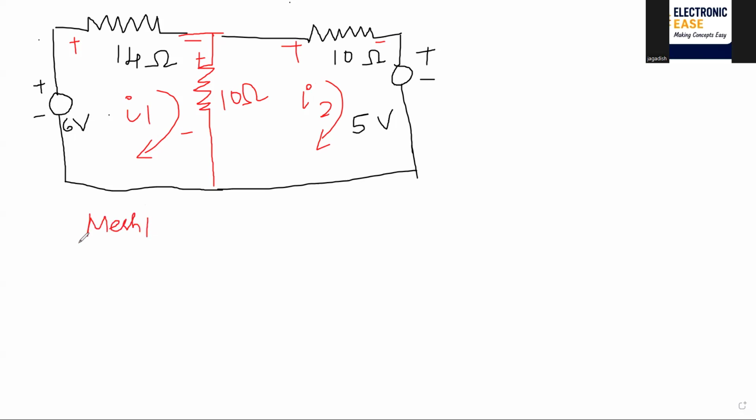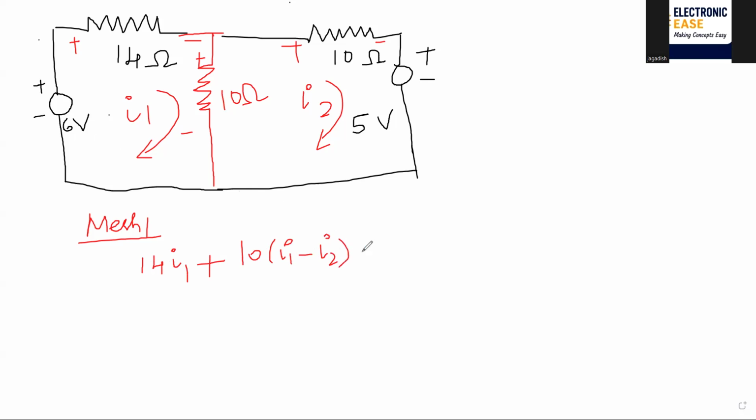Whenever we are applying KVL for mesh 1, I will be getting 14 I1, it is plus because plus is there, plus 10 into I1 minus I2, minus 6, because here you have minus over here.